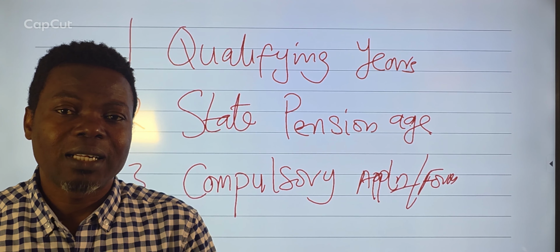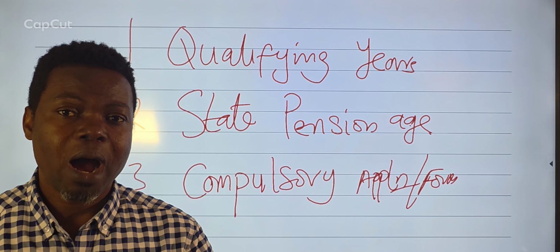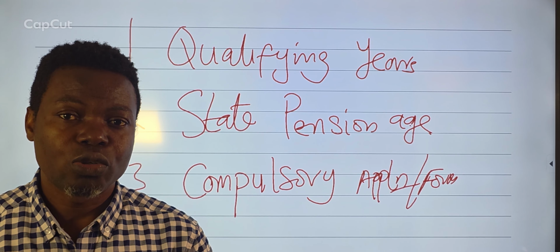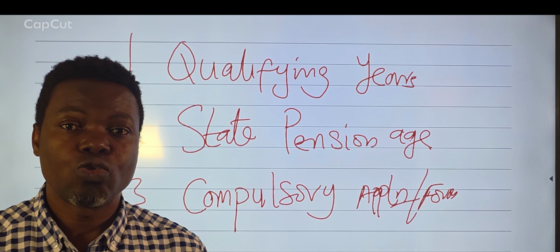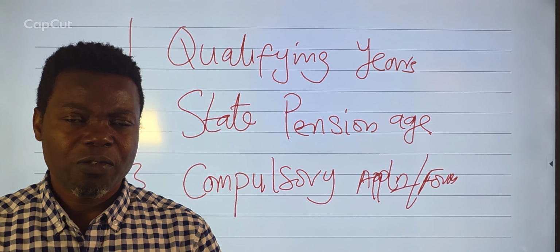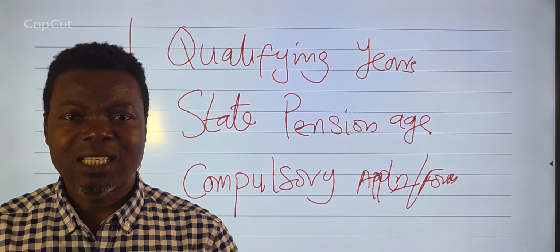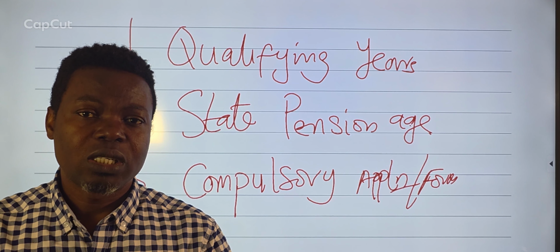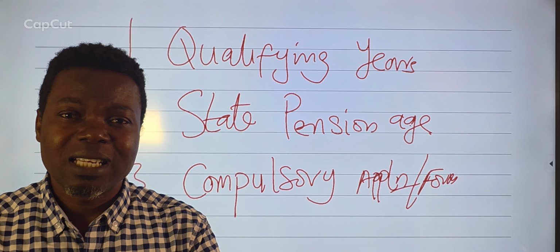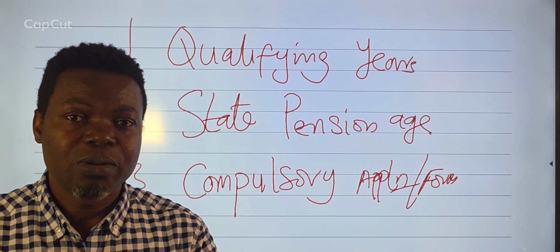Now that you know that, it is easy for you to be conscious of the number of years you have been contributing to this state pension, so that in the future you too will benefit from it. Take for instance somebody who has worked for 9 years, and in this period of 9 years the person has been contributing into the state pension, and never knew that it is going into the state pension, but saw it as a tax.